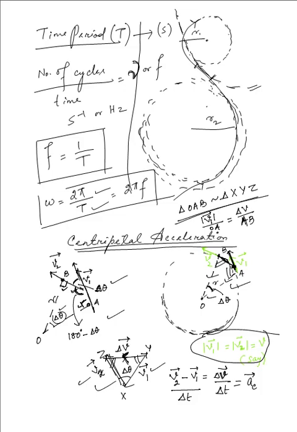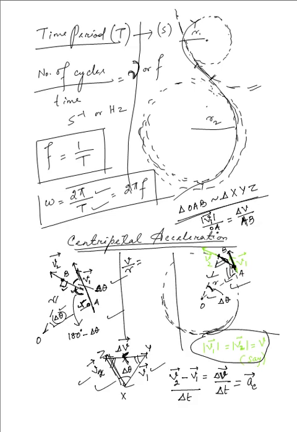With this similarity available, V1 mod is simply equal to V, and OA is here equal to R, and that is equal to del V.